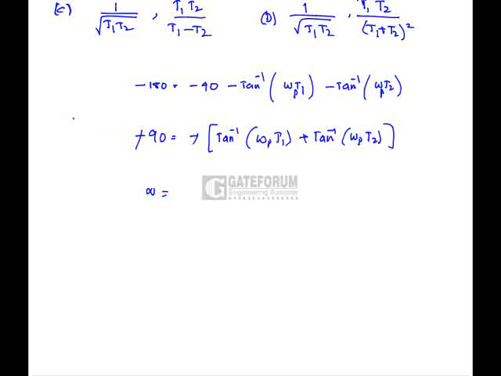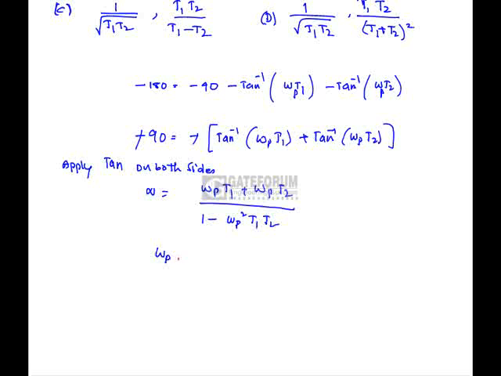If we apply tan on both sides, we get (omega P T1 plus omega P T2) by (1 minus omega P square T1 T2). So omega P must be under root 1 by T1 T2. This is the phase crossover frequency.